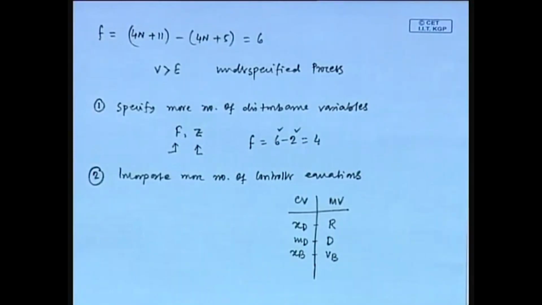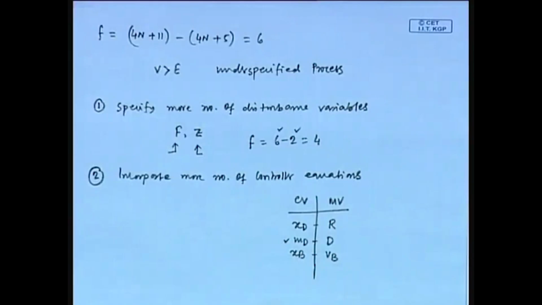Some liquid is accumulated after condensation in the reflux drum. So, there is a need to maintain the liquid hold up in the reflux drum. So, if that is our objective, we can consider MD as the control variable, and that can be adjusted by the outlet flow rate D.